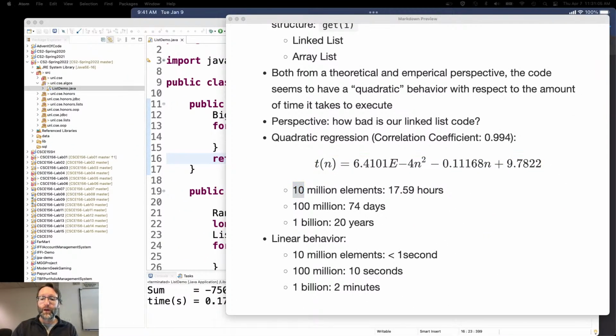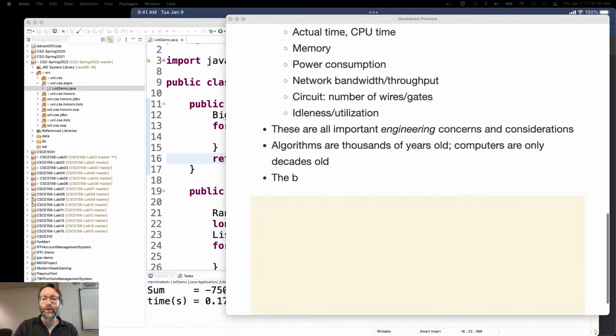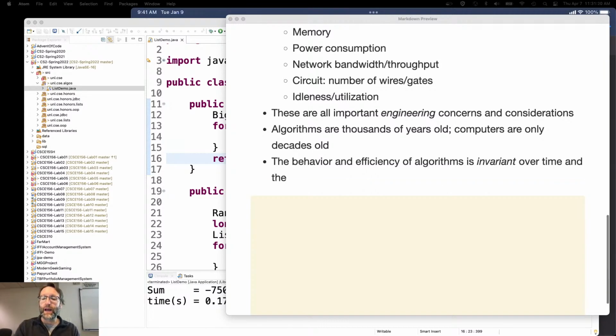The behavior and efficiency of algorithms is invariant over time and the type of hardware you use, right? Hardware, software, et cetera.